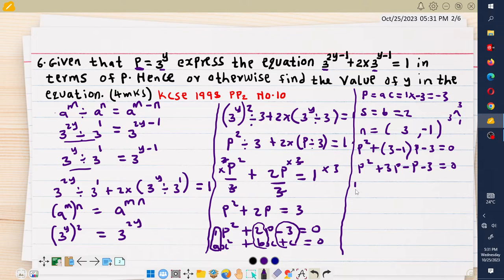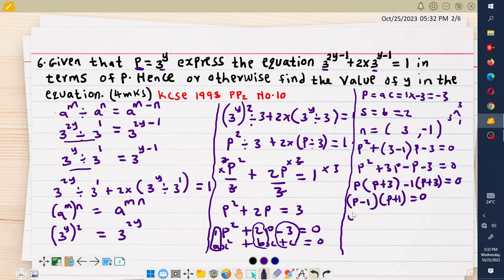Common factors: we have p, so this will be p into p plus 3, then common factor negative 1, so this will be negative 1 into p plus 3, then this will be equal to 0. So this will be p minus 1 multiplied by p plus 3, which should be equal to 0.